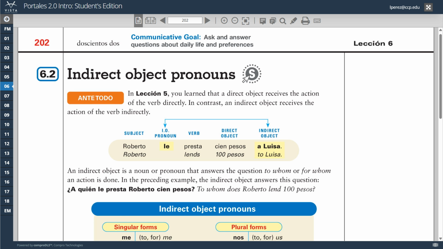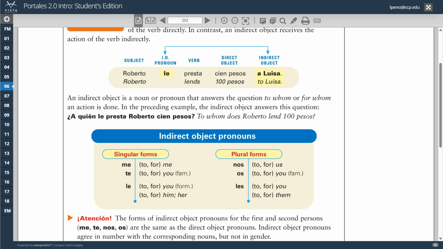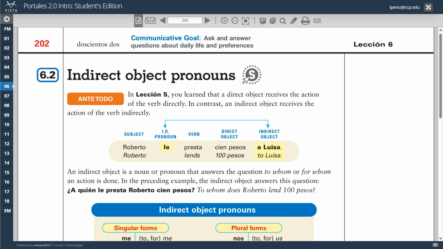But in this case, because your indirect objects can be quite general, like when you say le, who is that for? We often mention the actual indirect object, the full phrase of the indirect object, not just the pronoun. We mention it together. So when I say Roberto le presta 100 pesos, I could stop the sentence there, but it's not clear.